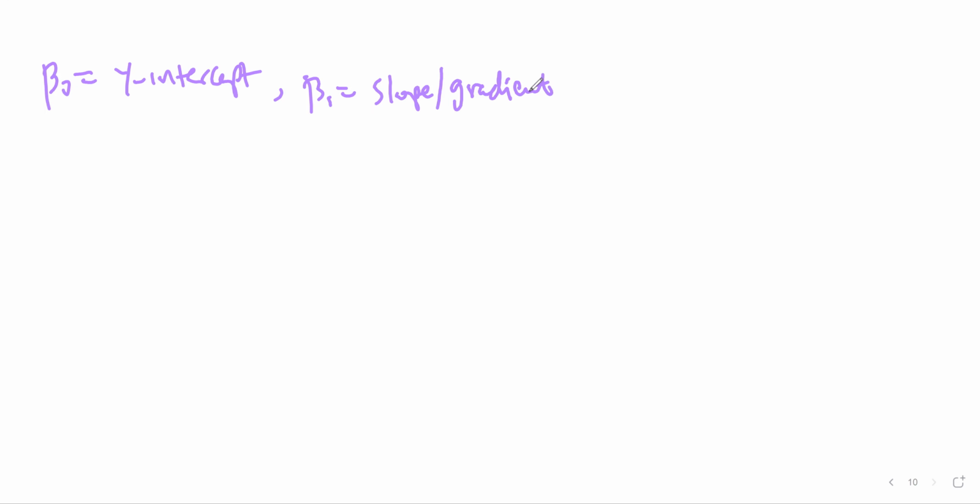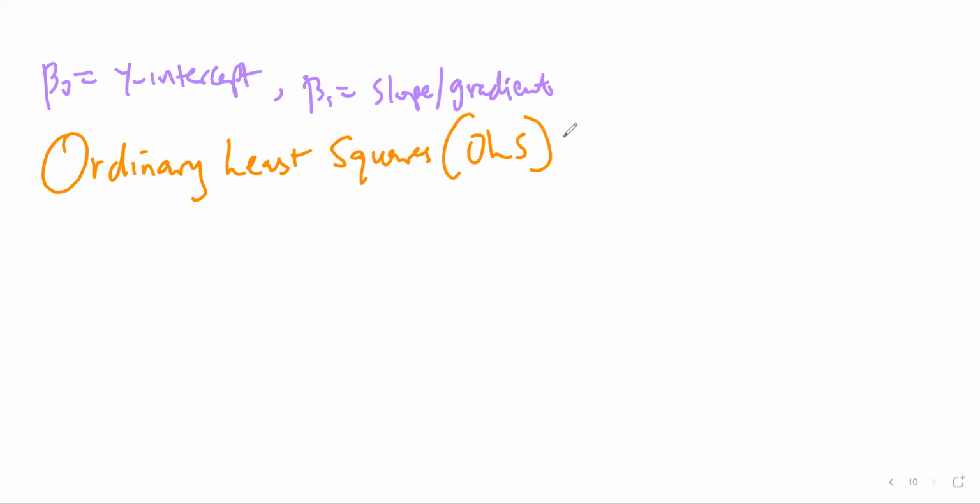But the method that we're going to discuss in this class is known as the ordinary least squares method, or OLS method. And I want to briefly explain what the OLS method is all about.